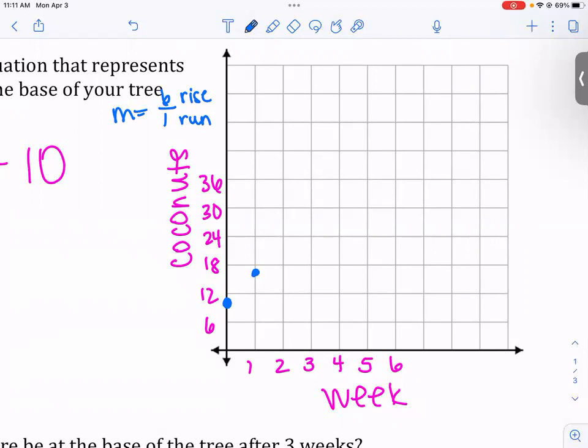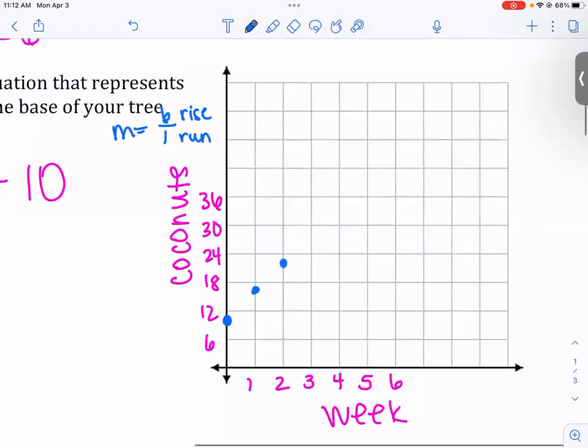Every grid mark going across is 1, but every grid mark going up is 6. So I'm going to go up 6 to 16 and then over 1. Up 6 to 22 and then over 1.